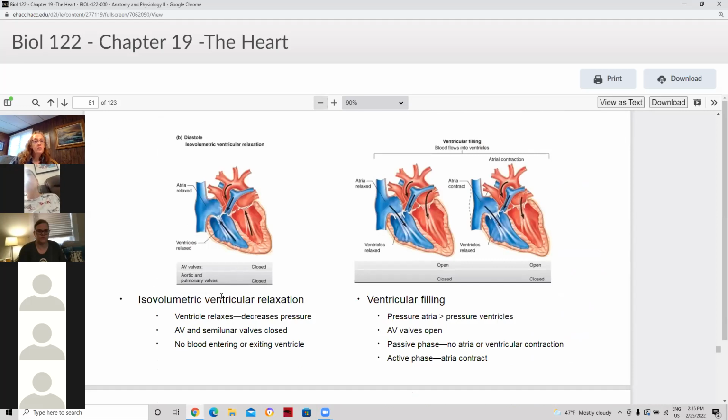So isovolumetric relaxation. The ventricles relax, and the result is that the pressure in the ventricles decreases.